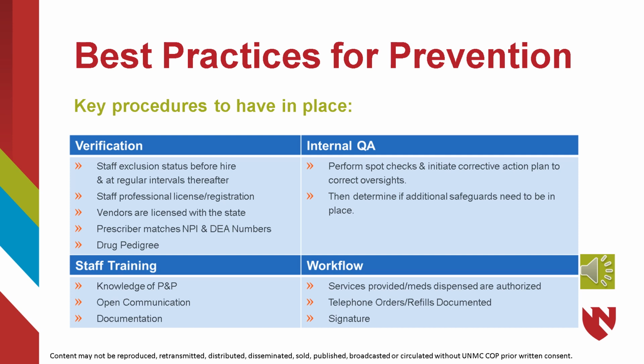So those are part of the verification processes that can take place to help with prevention of overpayment. An internal audit can help too, just different spot checks, and then taking a look at maybe some oversights and what can be done to correct those. Determining if there's maybe additional safeguards that should be in place.